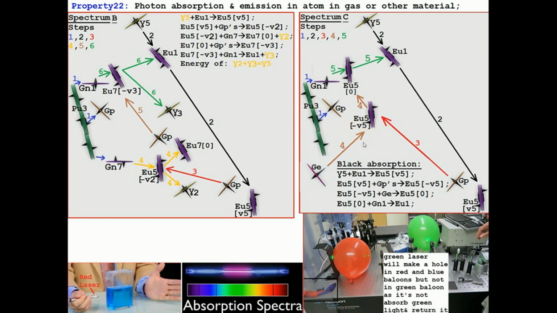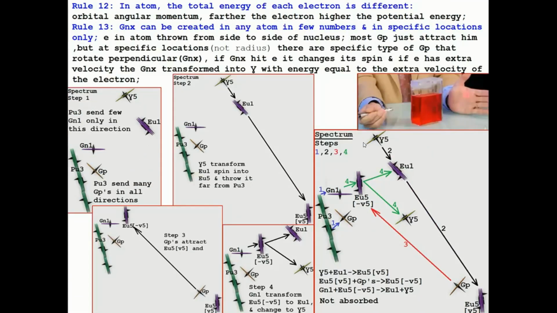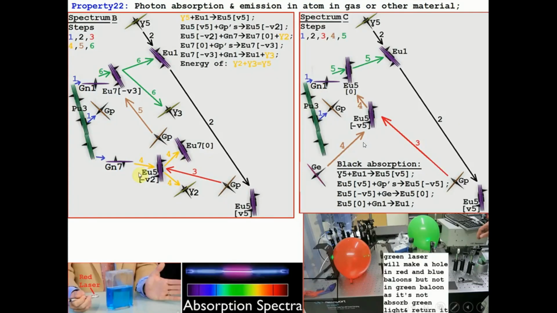Blue material absorbs all visible wavelengths or visible frequencies except blue, and red material absorbs all visible frequencies except red. That's why we see a blue material as blue and a red material as red, because the blue one emits blue photons and the red one emits red photons. That's why if we shine a red laser through a blue material, we will see that nothing gets through.